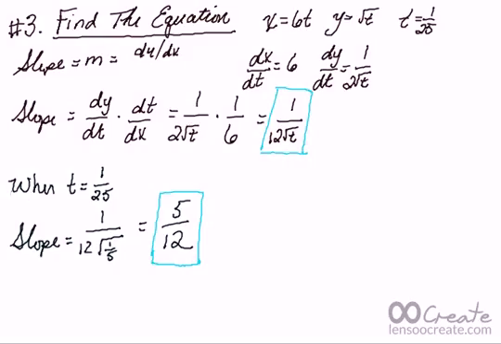And I get that our slope for the line is going to be 1 over 12 square roots of t. So what I need to do next is solve this for t equals 1 over 25. So we just simply plug 1 over 25 for t and simplify. And that's going to help us to find the slope of the line tangent to the curve at that point.